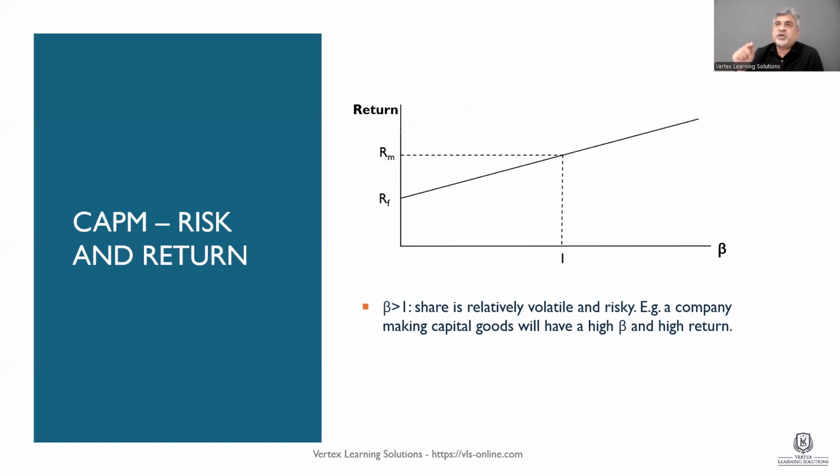So capital goods are always hit first. And therefore, for companies manufacturing capital goods, their beta value is always greater than 1, and their returns are also always more than the average market returns.